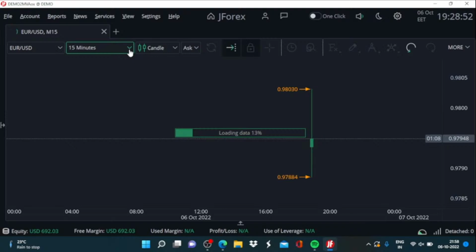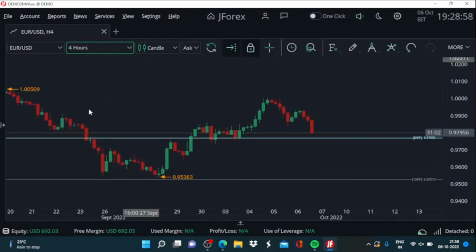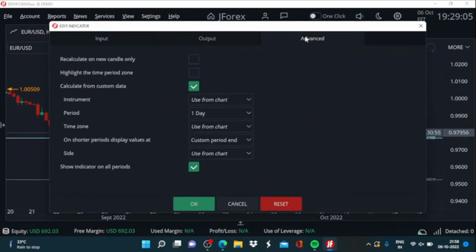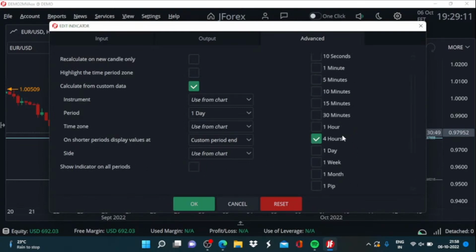So we will have this indicator visible only on those two chosen time frames. But if I change it to, say, 4 hourly, the indicator should not appear. Let me again check what happened with the advanced editing option. Oh, here again it is showing back. That's why I think it appeared. All right.